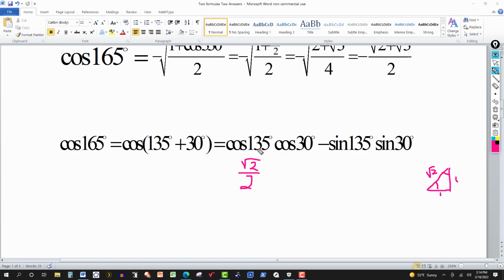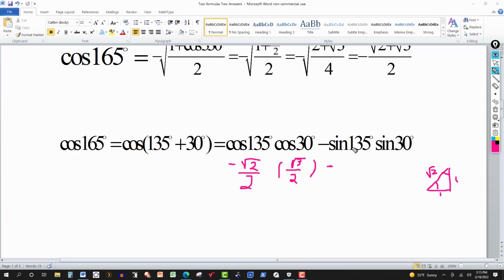Because 135 is in quadrant 2, the cosine would have to be negative, so I put a negative here. Cosine of 30, using your 30-60 reference triangle that we looked at in the last video, is positive the square root of 3 over 2. And then this is minus here. Sine of 135: first of all, 135 is in the second quadrant.